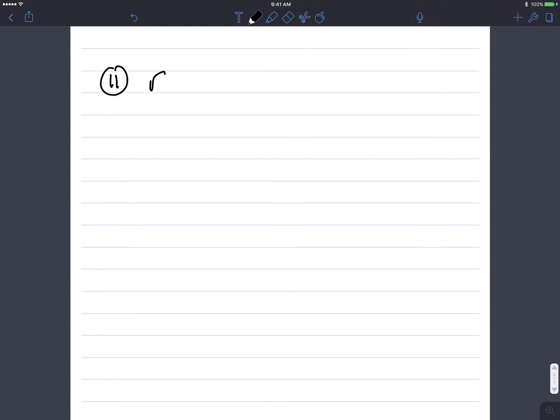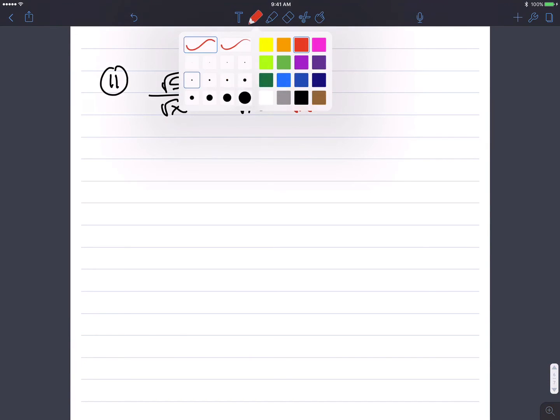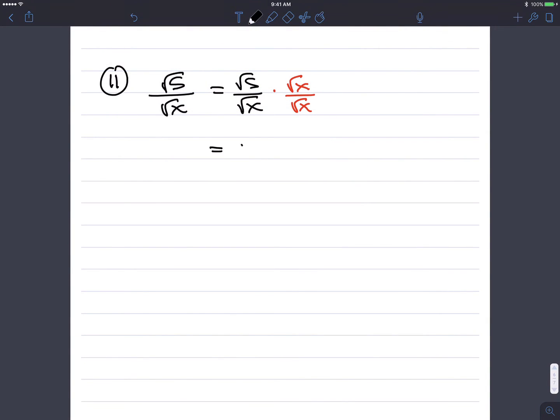Number 11. The square root of 5 divided by the square root of x. We're going to multiply both top and bottom by the square root of x. So when we multiply our fractions, we get the square root of 5 times the square root of x over just the x. Now the square root of 5 times the square root of x is the square root of 5x.